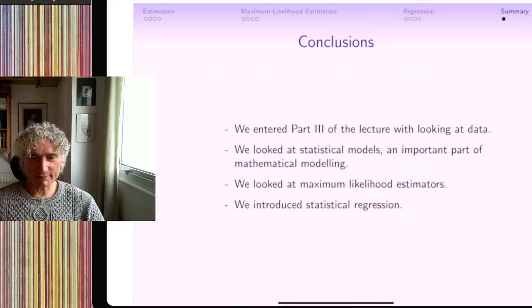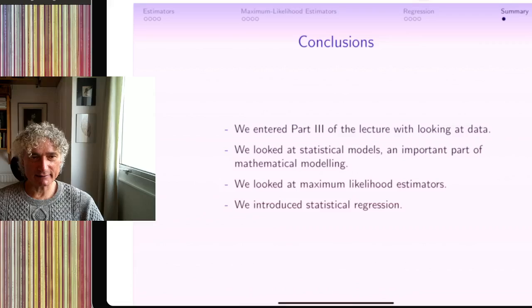And this is of course an important part of mathematical modeling. One of the most important basic estimators for data are the maximum likelihood estimators. So we discussed that. So usually you think certain distributions that are underlying the observation of the data have a certain form, and they can be parametrized.